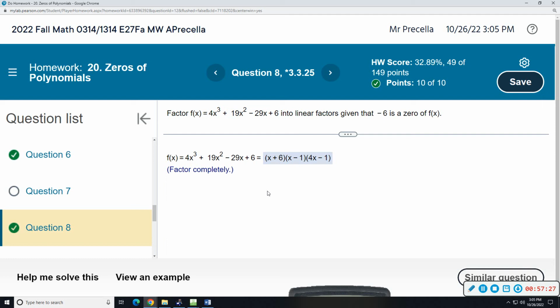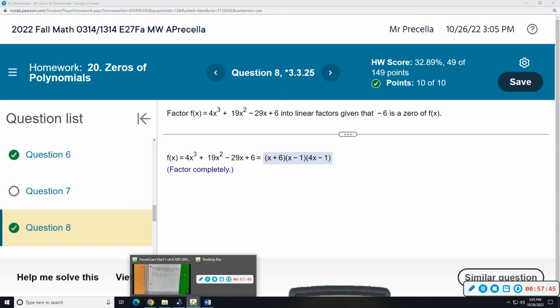We've already found the zeros basically for this 4x cubed plus 19x squared minus 29x plus 6. We can look here. The first factor is equal to 0 at -6. That was a 0.